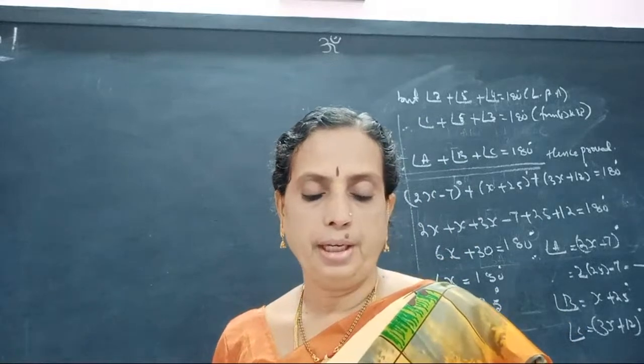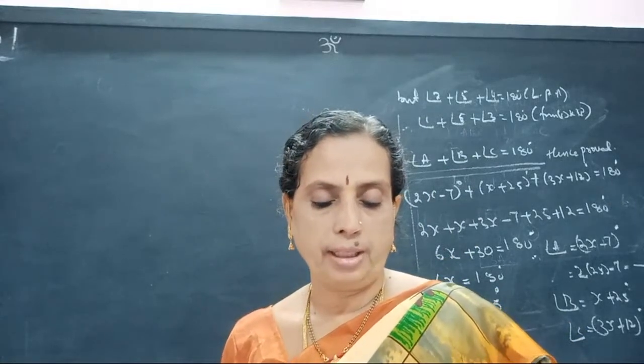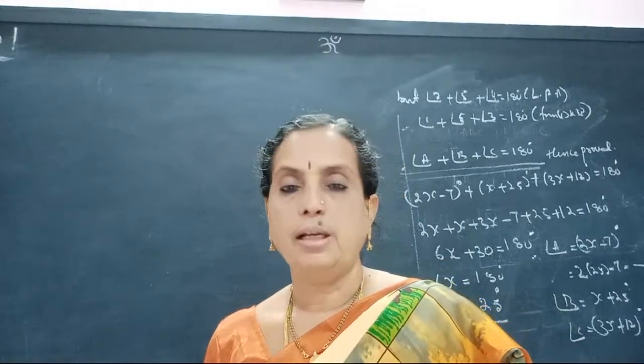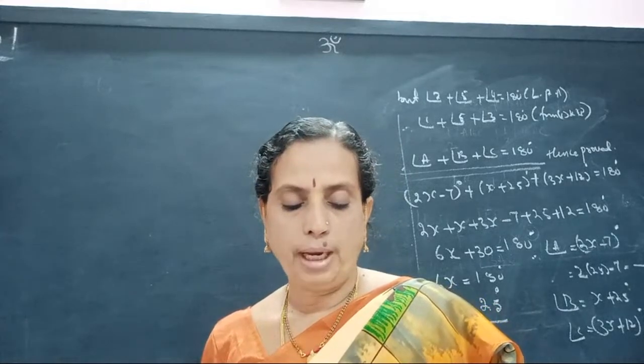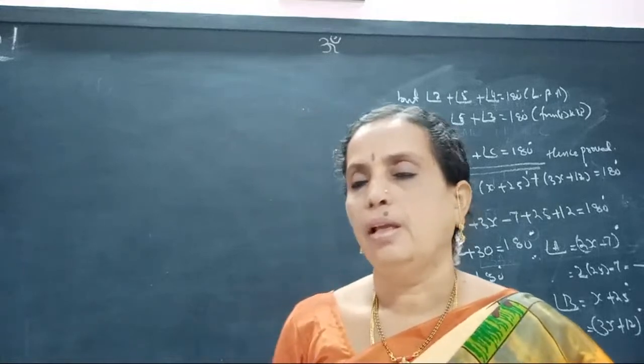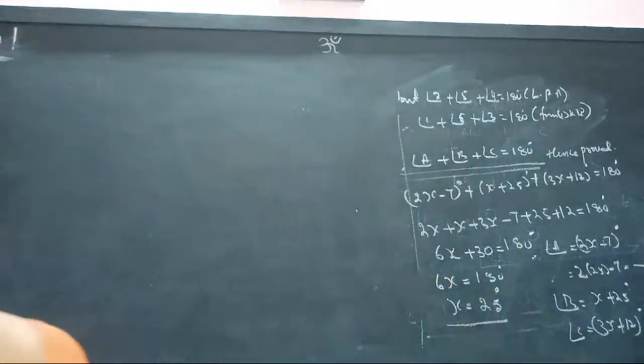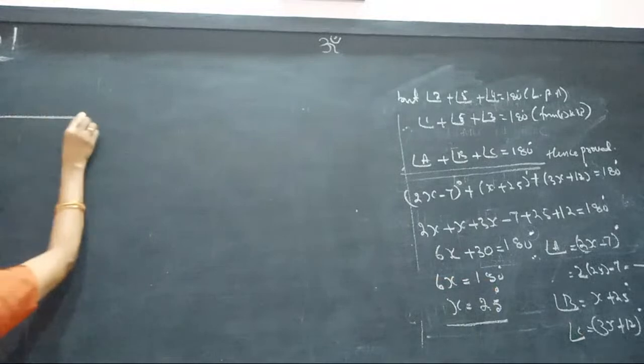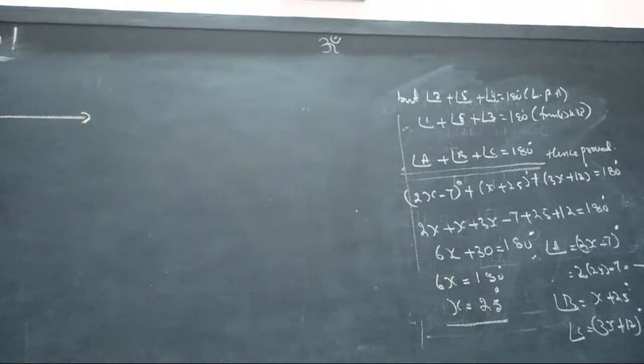Bisectors of interior angles on the same side of the transversal intersect at P. Prove that angle MPN equals 90 degrees. Get the figure. It is also given in the sheet. Once again, take the figure in your notes.